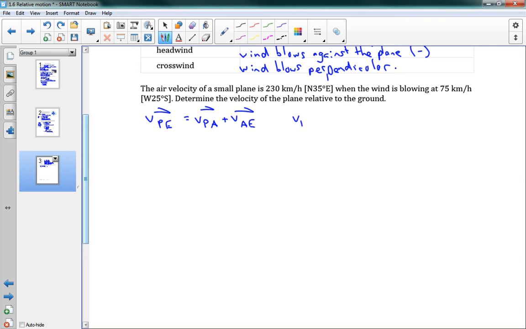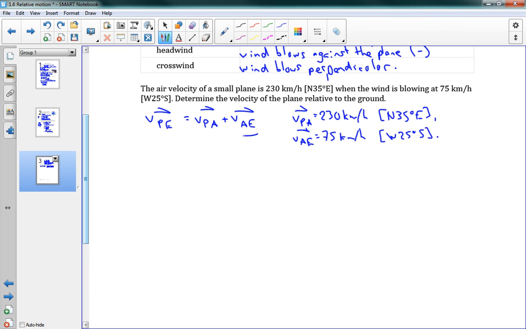Okay, and we can fill in some values here. We have VPA. So this is the speed of the plane, 230 kilometers per hour north 35 degrees east. And the velocity of the air relative to Earth is equal to 75 kilometers per hour west 25 degrees south.